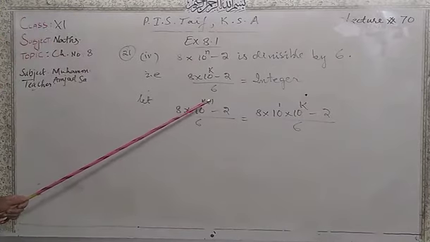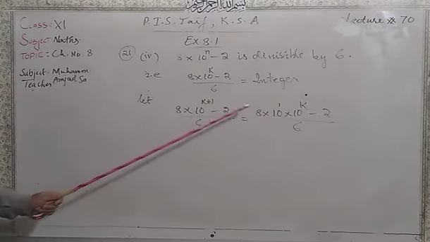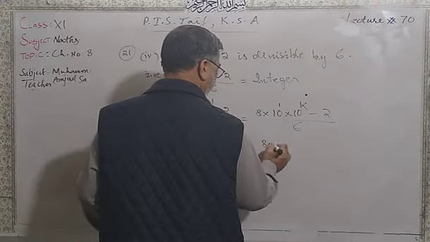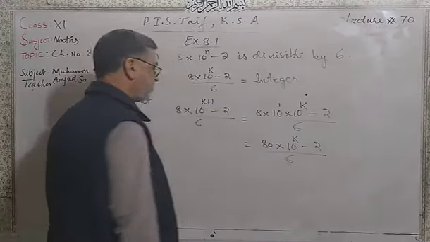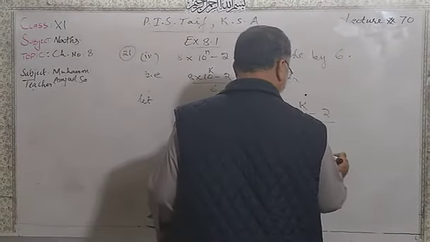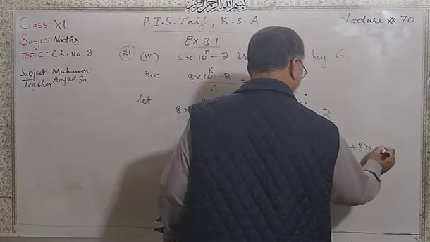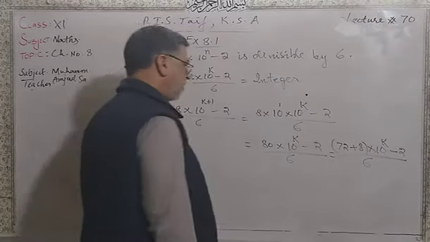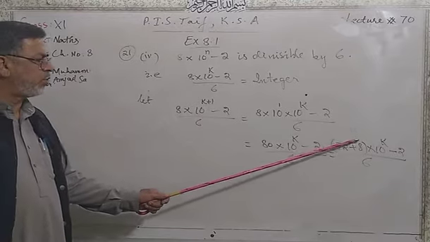Remember that I have broken down the power of 10: 10^k and 10^1. Here is (80 into 10^k - 2)/6. We can write 80 as 72 + 8, into 10^k - 2 over 6. Dear students, 80 is written as 72 + 8.